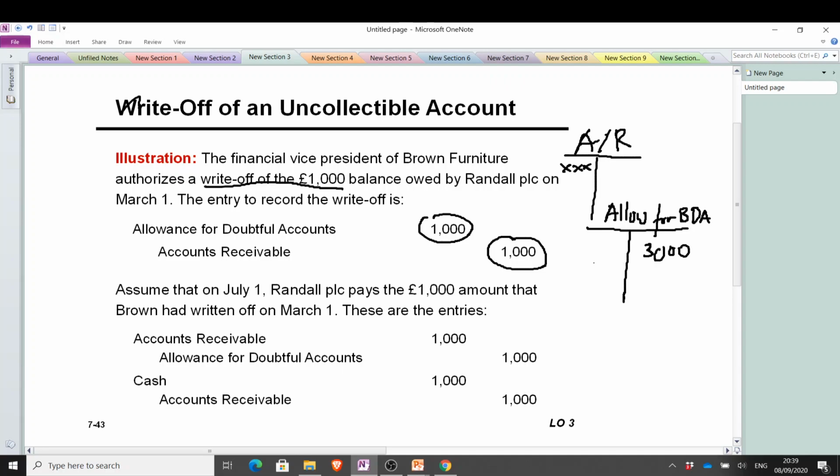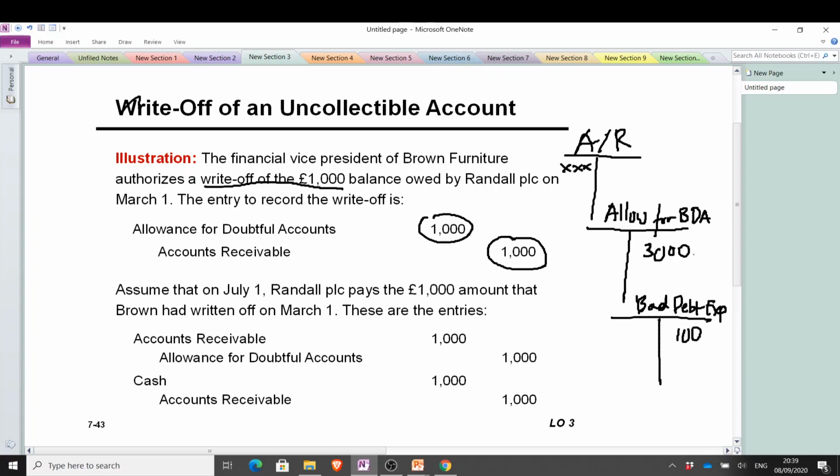Or the balance is $10,000, and we made some bad debt expense here. Let's say we made as much as $100.